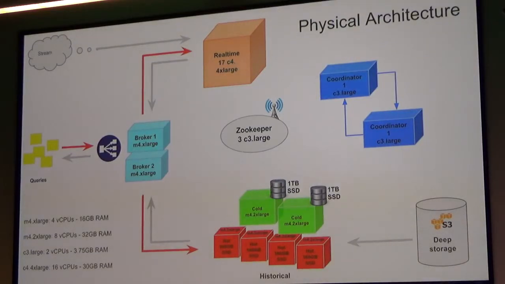And finally, for historical nodes, we have six nodes and a tiered architecture with four hot nodes and two cold nodes. The hot nodes only hold our most accessed data, which is the new data. The cold nodes hold our old data, the data we are not accessing that much.